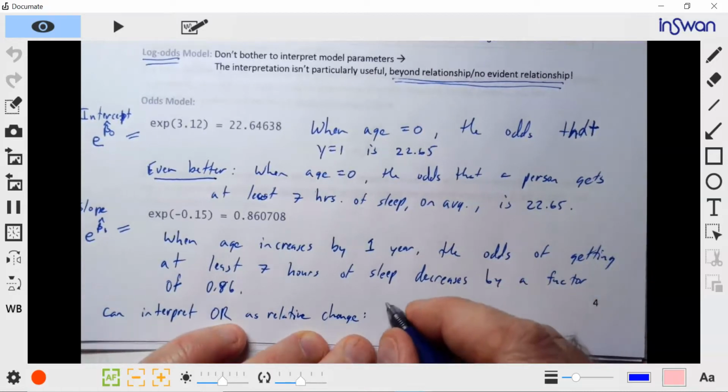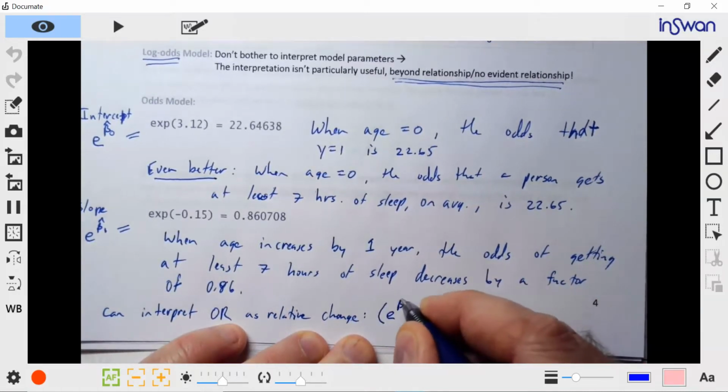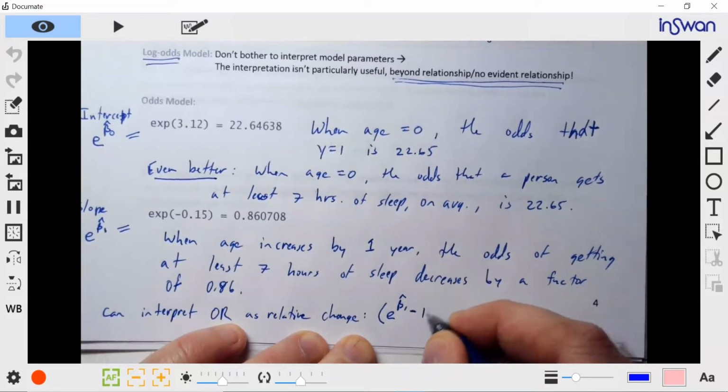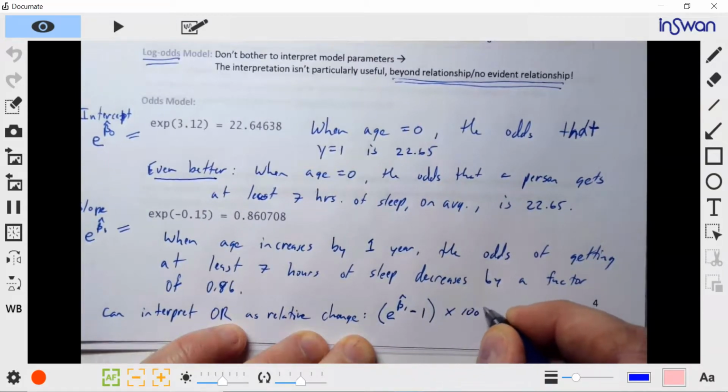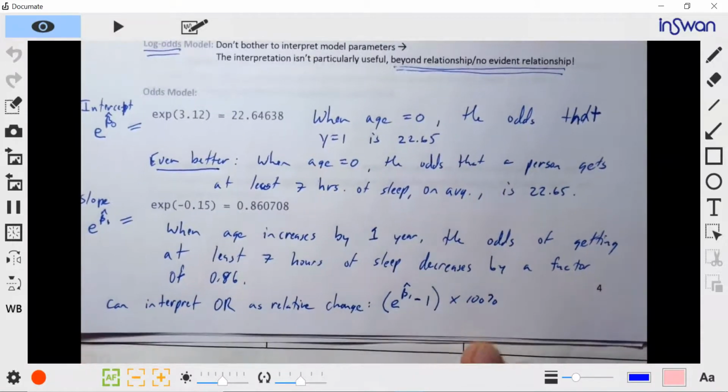So we can think of it as e to the beta 1 hat minus 1, times 100%. That is what I mean by relative change.